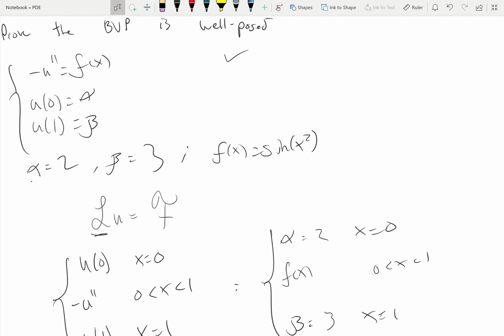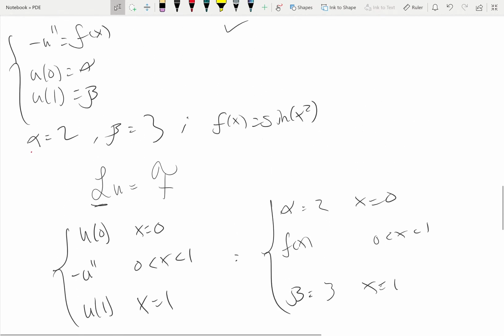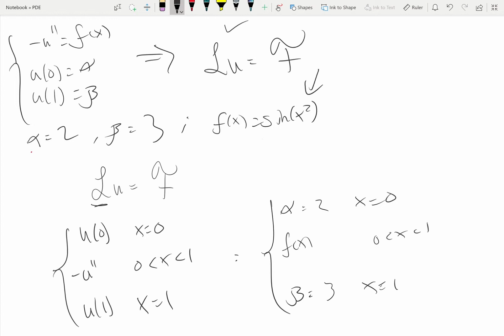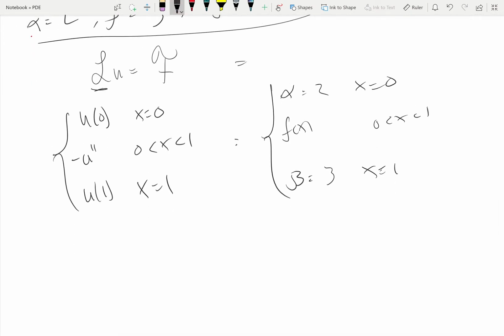But in order to clarify and help you see what it is that we're doing, I'm going to rewrite this equation into L of u equals f given these conditions here. So L of u equals f is equal to L of u is equal to f here.